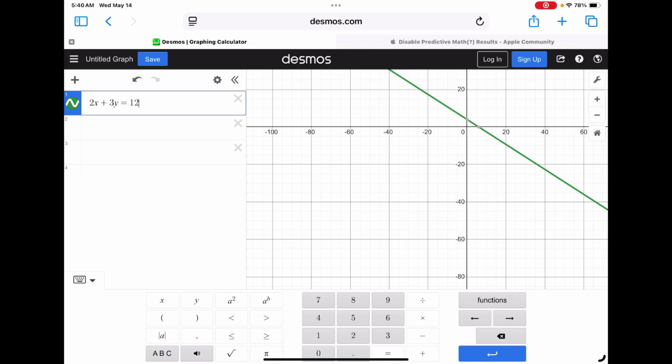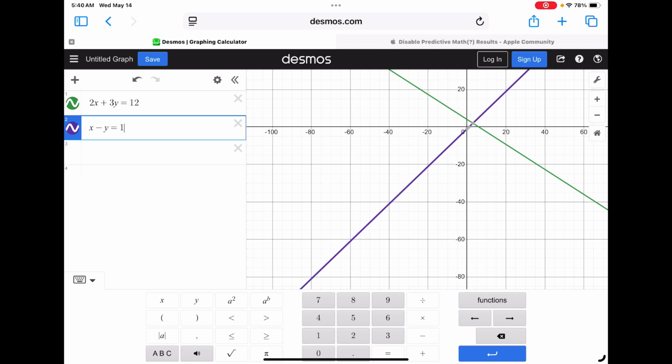There's 2x plus 3y is equal to 12. So there's our first line. Now our second line right here is going to be x minus y is equal to 1. So there's our second equation.